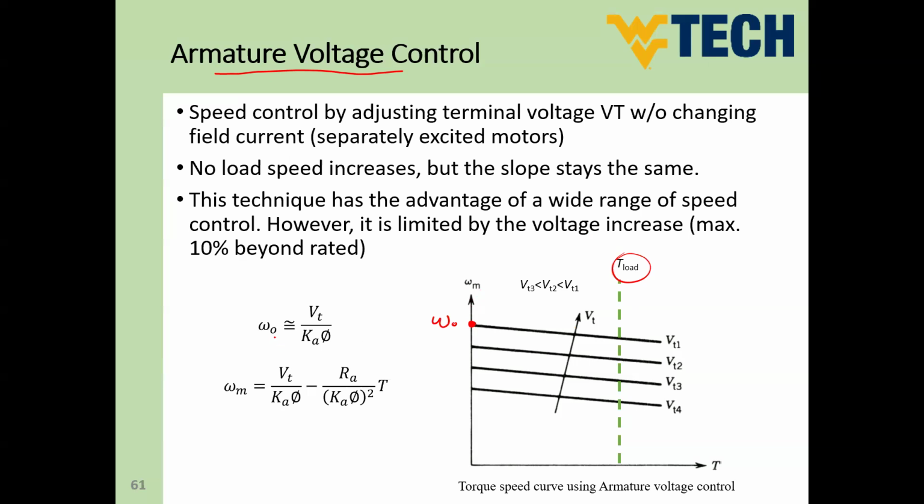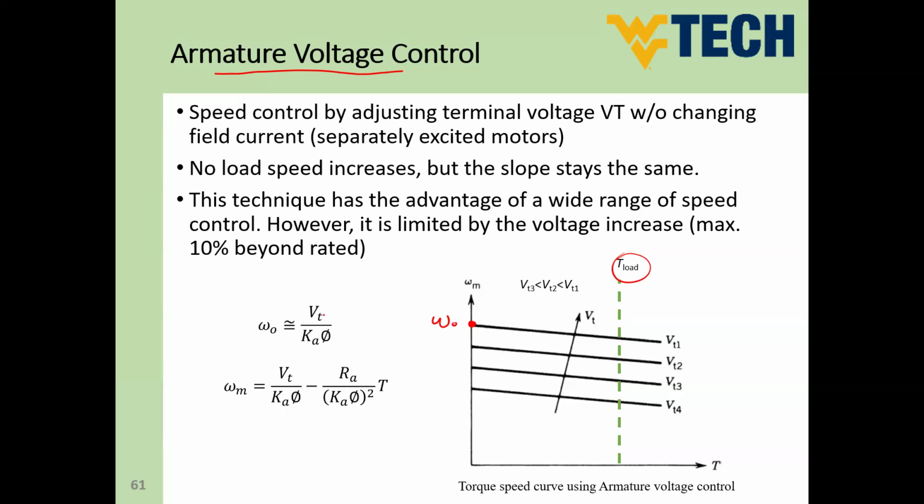If you write the equation of omega naught, it will be V terminal divided by Ka phi, minus Ra divided by Ka phi times I at no load. But if you neglect the no load current, this is going to be the approximate equation as we mentioned before. So we can say that the value of omega naught depends on the value of Vt divided by Ka phi.